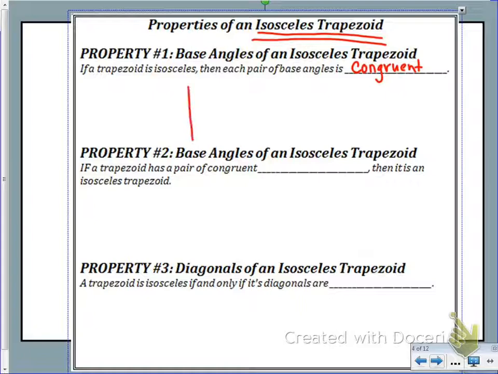So let's say our image is drawn this way. So now our parallel sides are going up and down. Well, if we look at the upper base angles, remember the parallel sides are always the bases. So this is our upper base. And again, upper and lower, it doesn't really matter. They could be switched. The endpoints of that are going to be congruent angles.